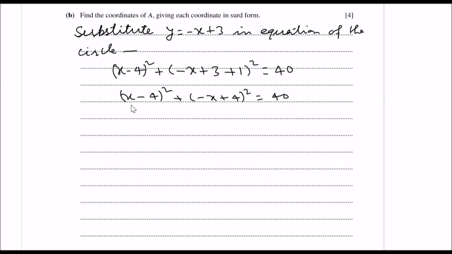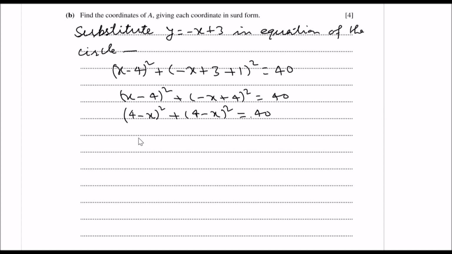Now (x minus 4) square or (4 minus x) square, both are the same. So we can write (4 minus x) square plus (4 minus x) square, and that is equal to 40.